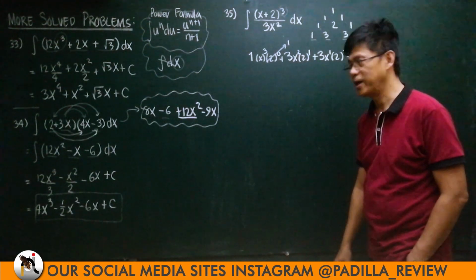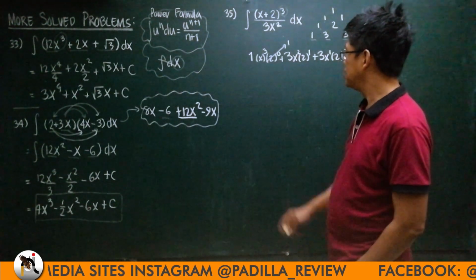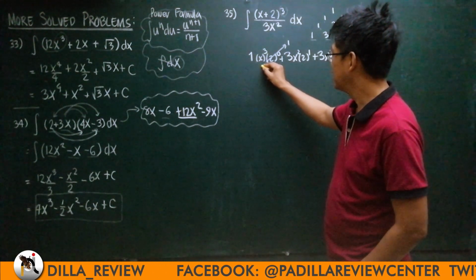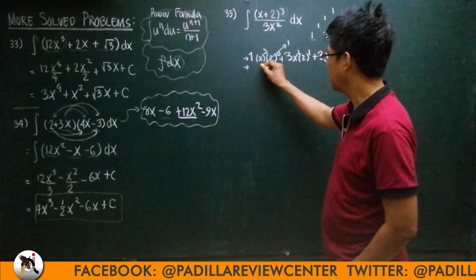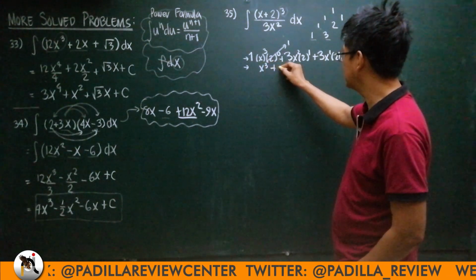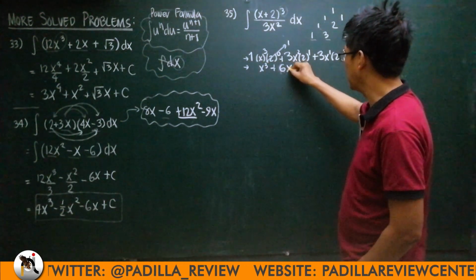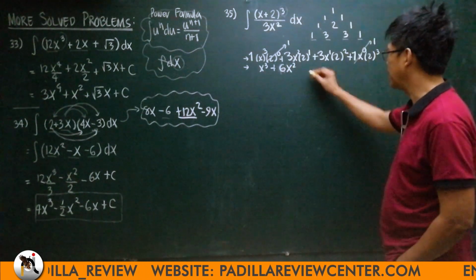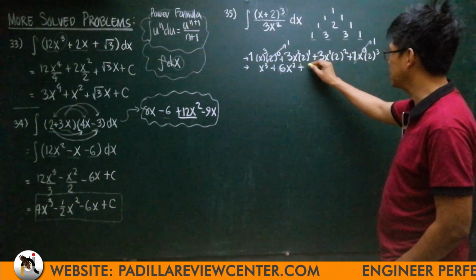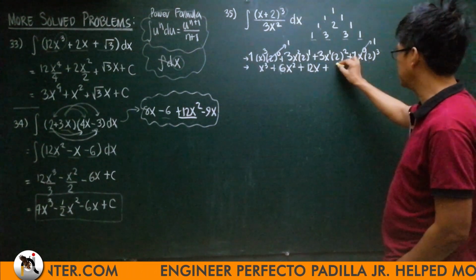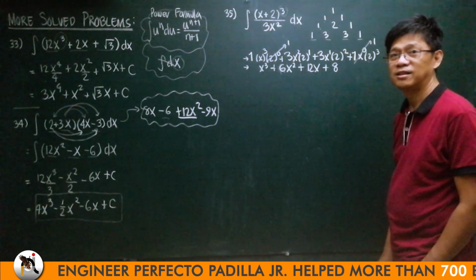You follow? Okay. So therefore, this is going to be the same as x cubed plus 3 times 2, 6x squared, plus 3 times 4, 12x, plus 2 cubed is 8, right?